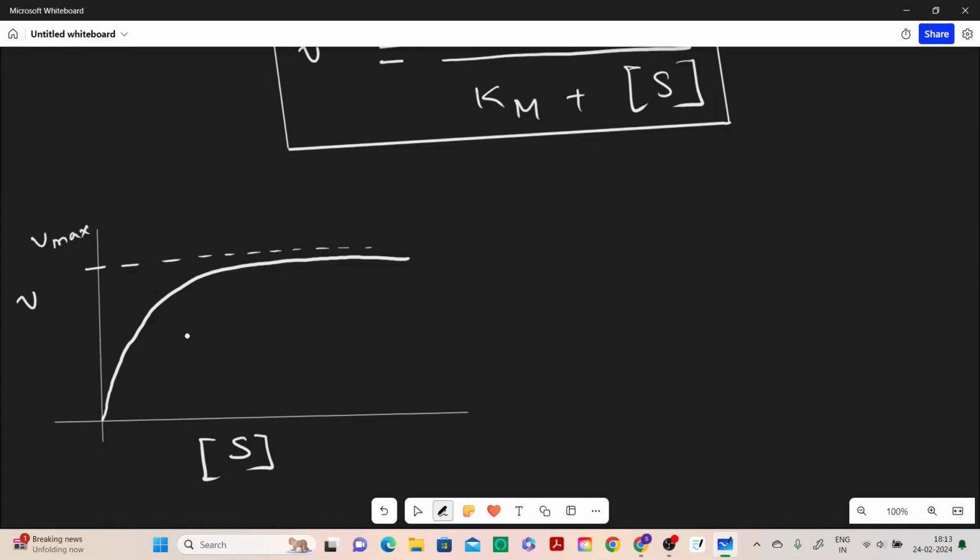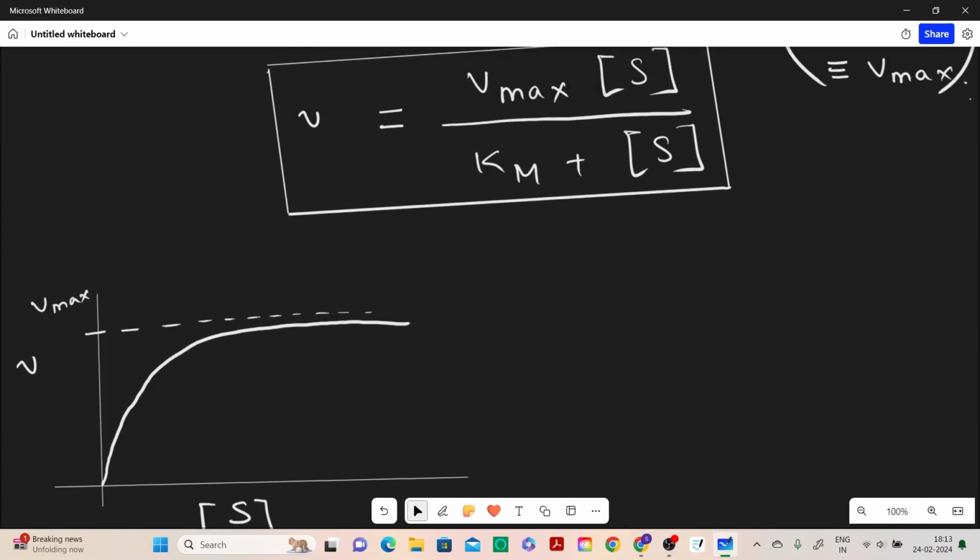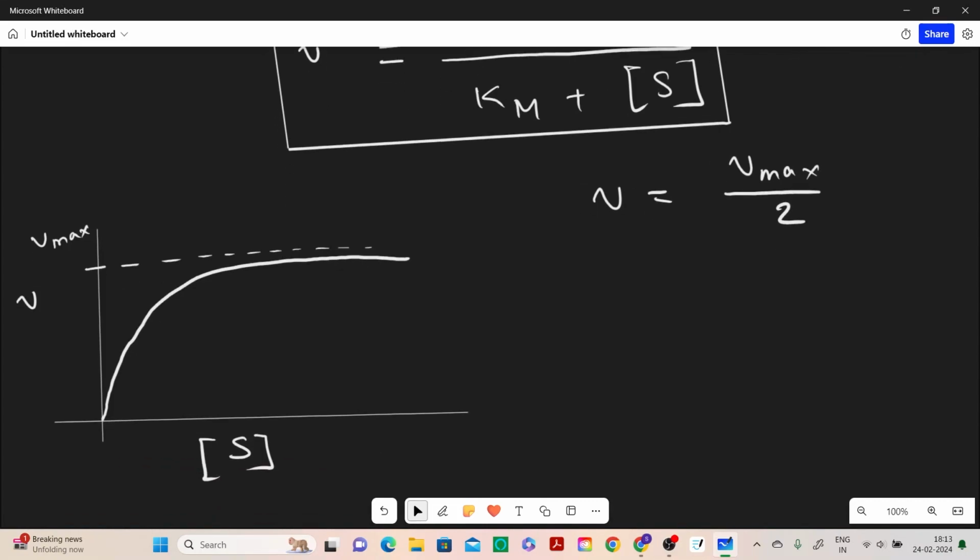Now coming back, so suppose the rate of the enzymatic reaction, or V, is equal to half of V max, so V max by 2. Then how does it behave?